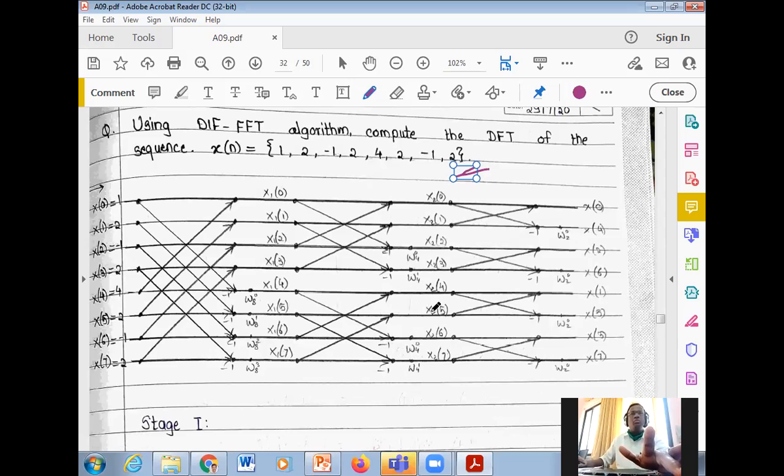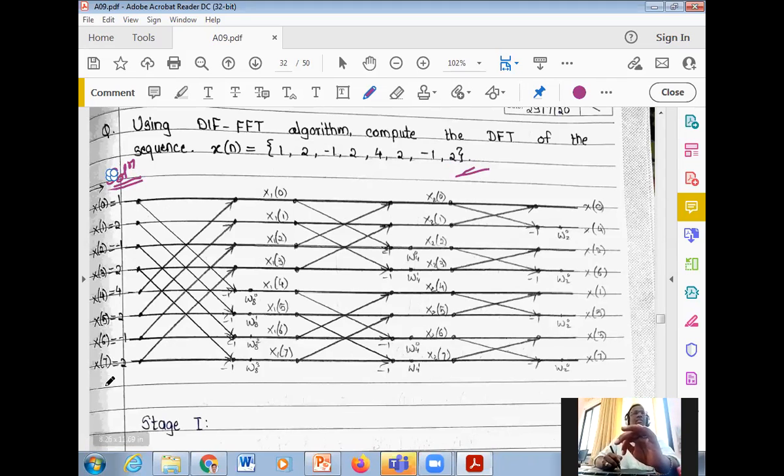Okay, so please take down this diagram also. Then I will explain how we are performing the computation. This is a butterfly diagram for the DIF FFT algorithm, and this is the input we are applying here.